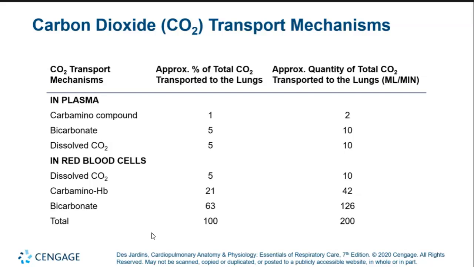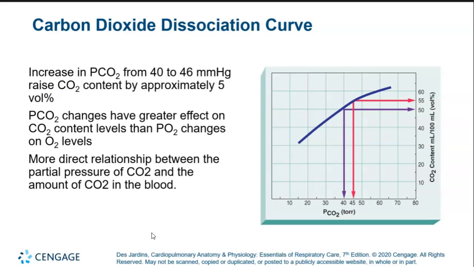So again, this is just a chart that breaks down how things get transported and the quantity of the CO2 that gets transported to the lungs. So we do have a carbon dioxide dissociation curve. Similar to the oxygen-hemoglobin dissociation curve, the loading and unloading of carbon dioxide in the blood can be illustrated in the same kind of graphic form.